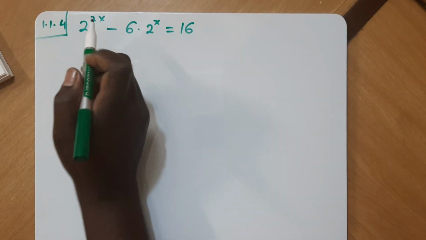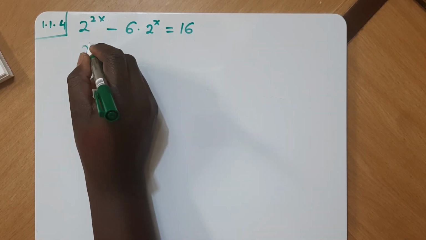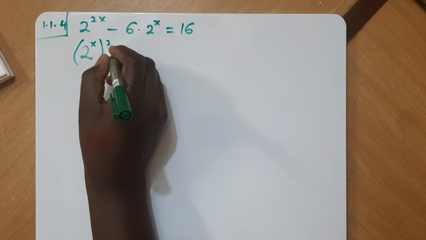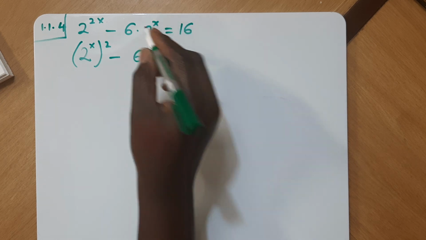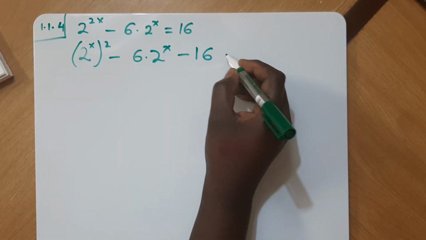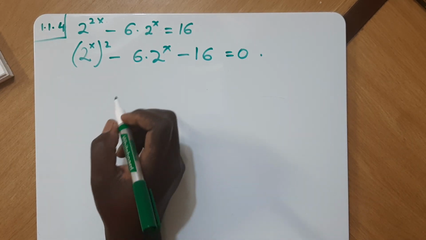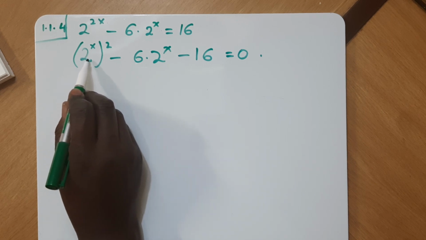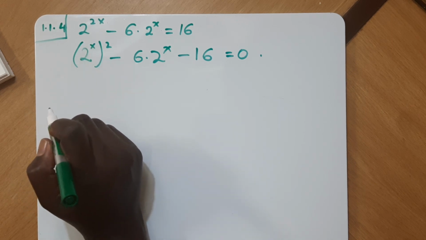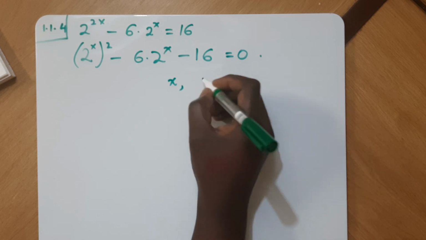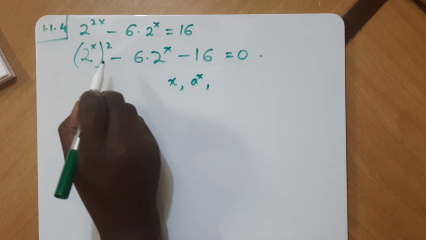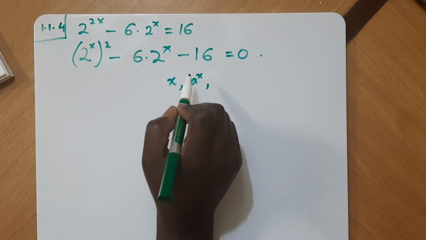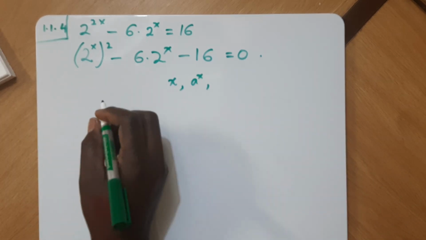So this can be written as 2 to the power x squared minus 6 times 2 to the power x, and we bring the 16 this side, minus 16 equals 0. So the unknown is 2 to the power x. The unknown can be x, it can be a to the power x, so this is our unknown. It's like a to the power x, but it's 2 to the power x.